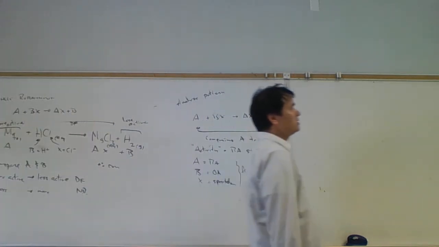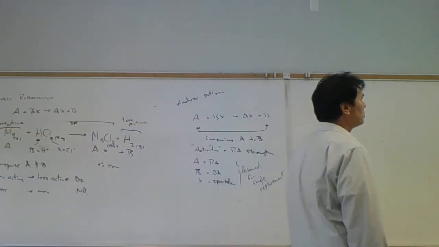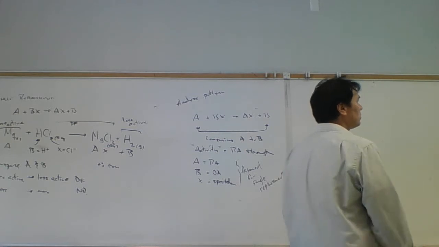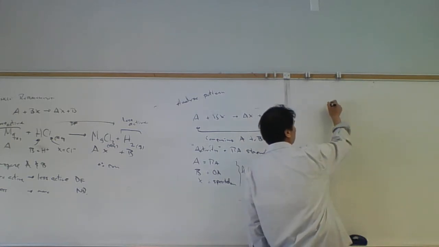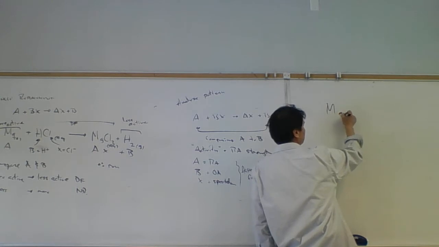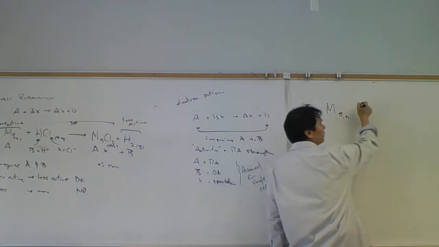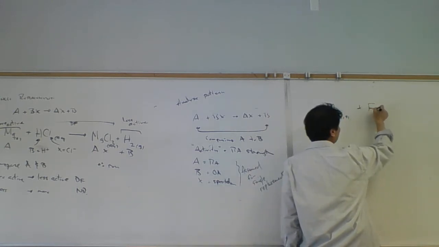So when a strip of magnesium metal is placed in iron 3 chloride solution, the magnesium chloride solution results. So let's take a strip of magnesium metal and place that into iron 3 chloride.